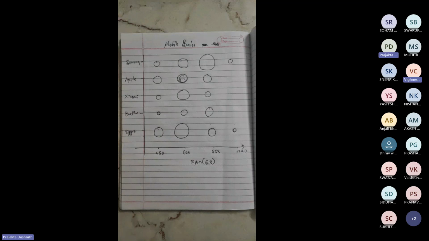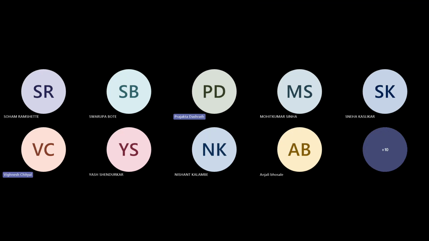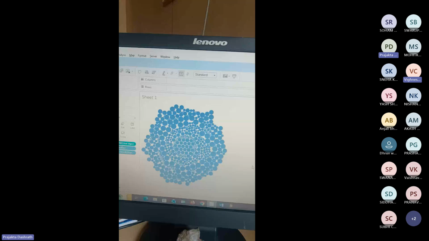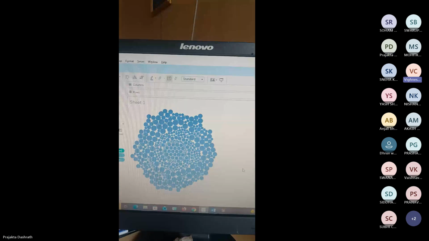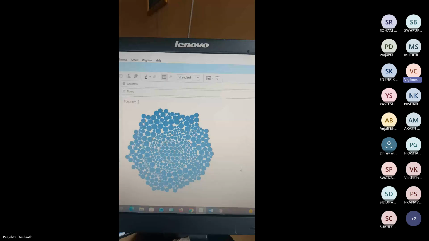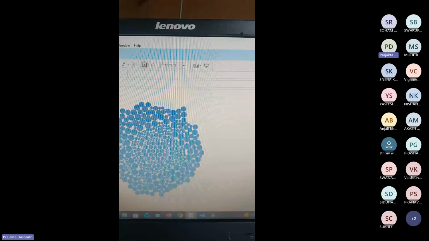Bubble chart can be like this. Ma'am, you said the topic will be circles and wave. I'm sorry for the interruption, but you gave me the topic of circles and wave. Able to understand?